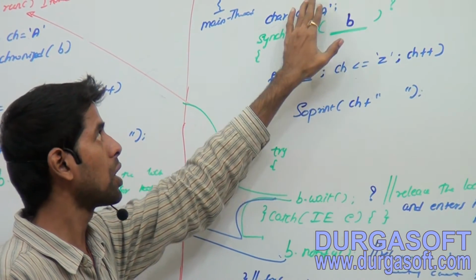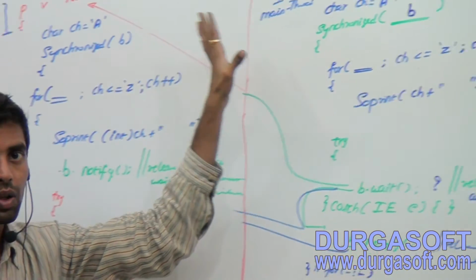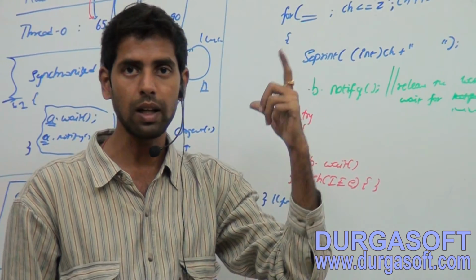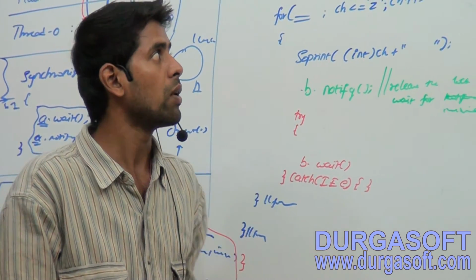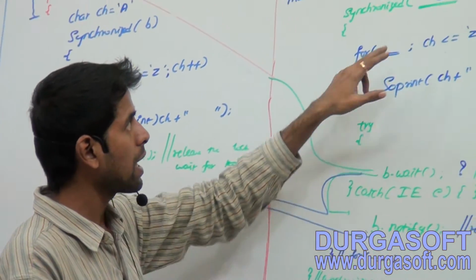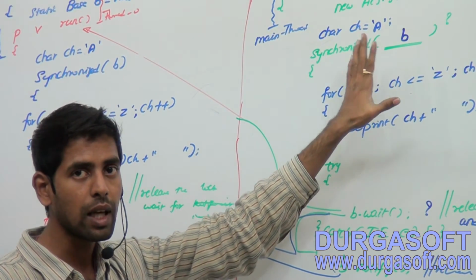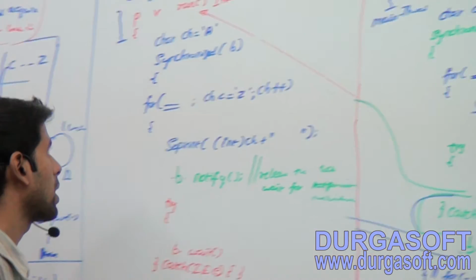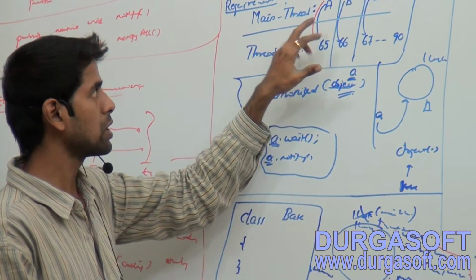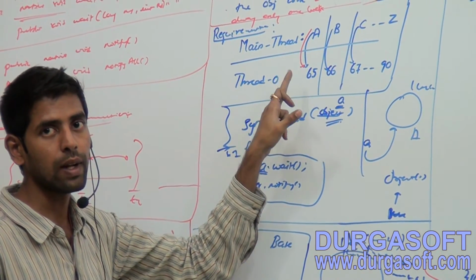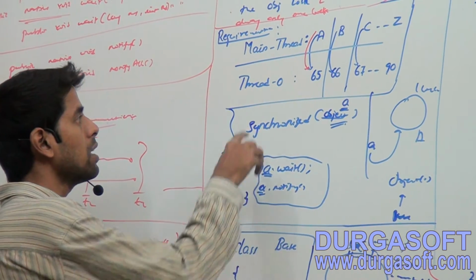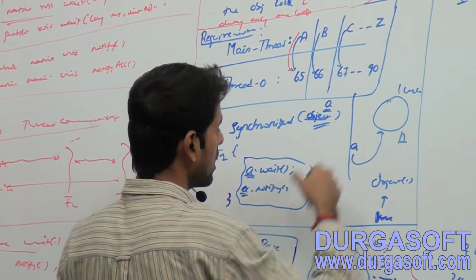I hope you have this knowledge. It has some internal implementation. Now observe here, I have taken one character variable ch, that is capital A. Why only capital A? Because our requirement is to print A and its equivalent Unicode value by thread 0. This is the thread 0.